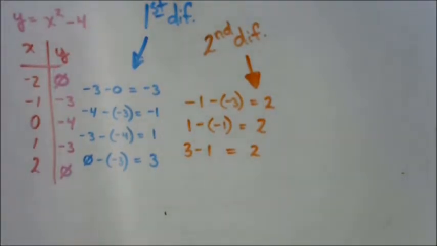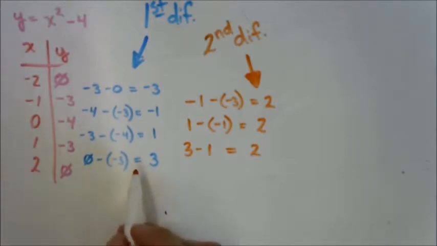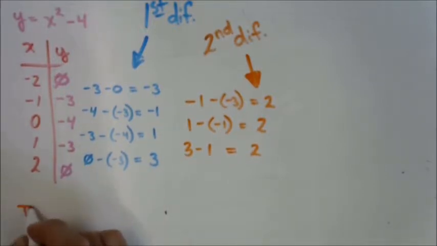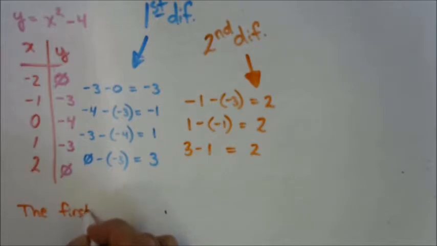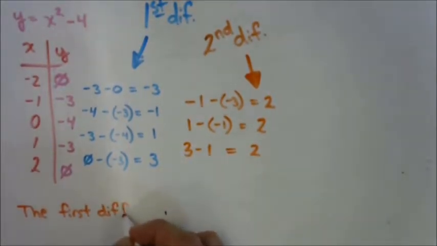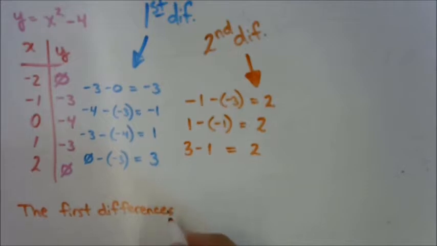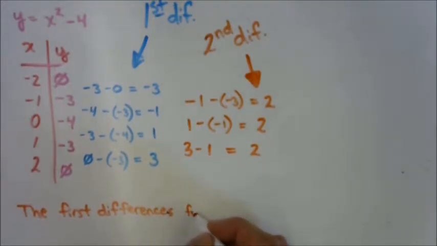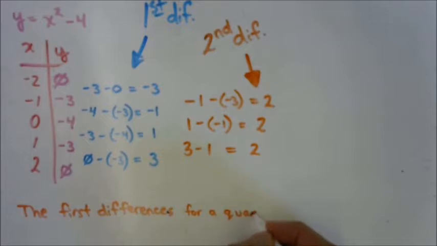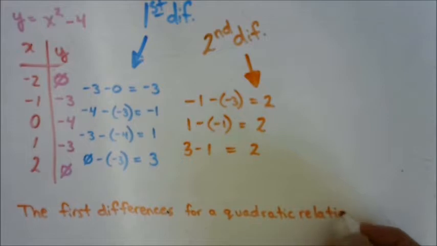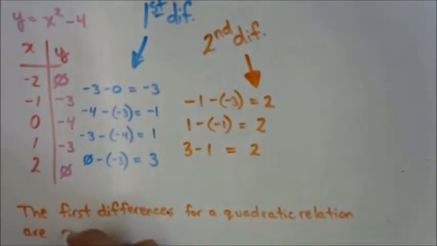So our question there is, what is true about the first differences, and then what is true about the second differences? First, what is true about the first differences for a quadratic relation? Are they constant? No, they are not constant. The first differences for a quadratic relation are not constant.